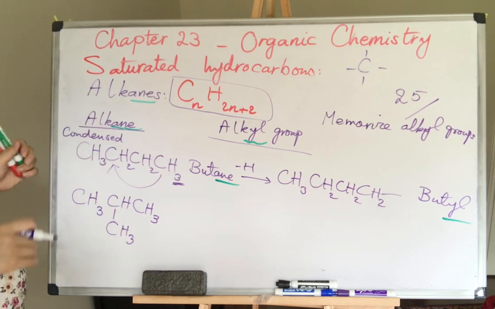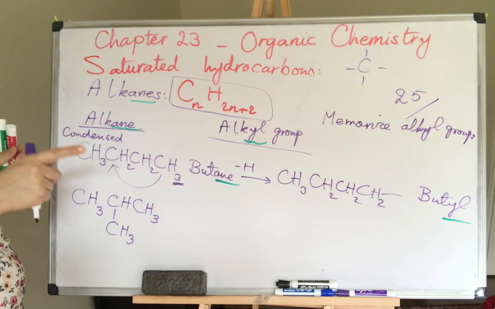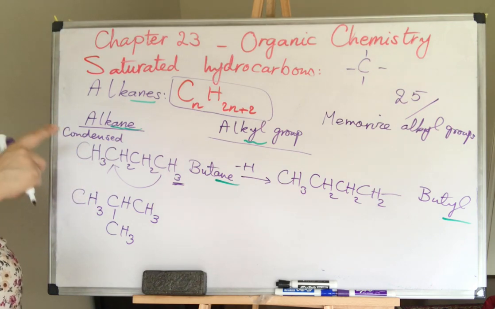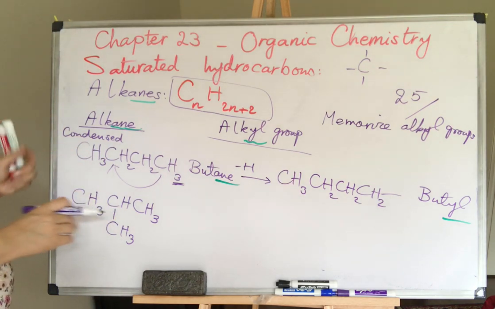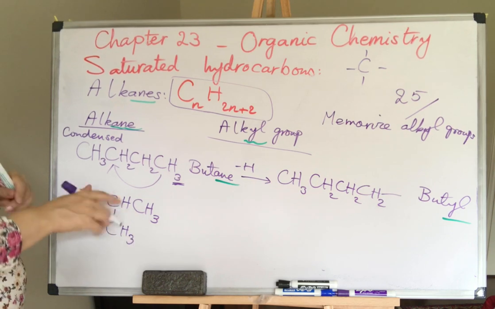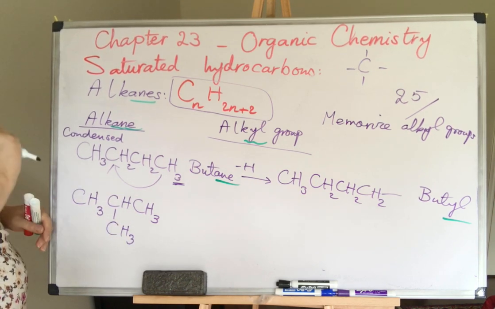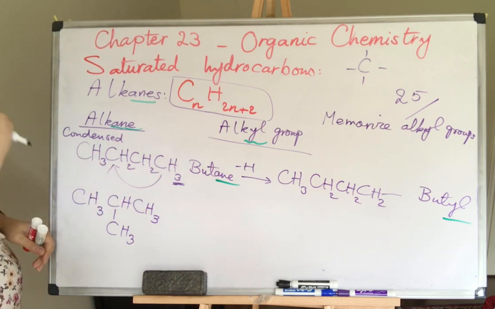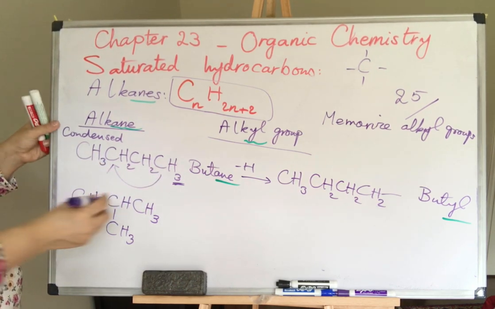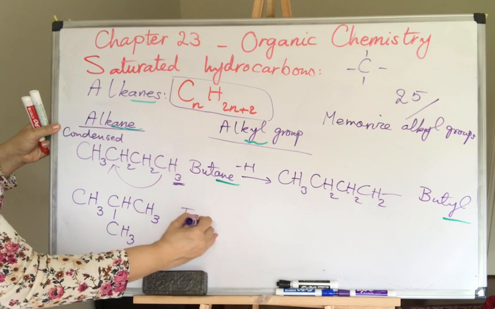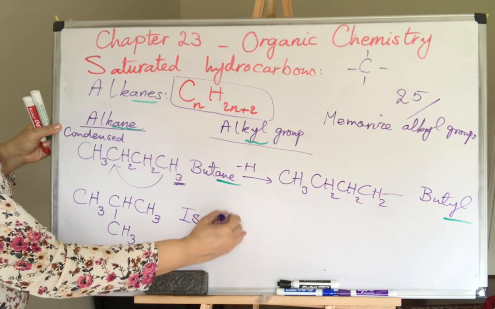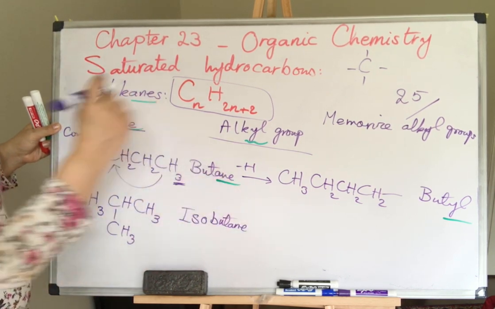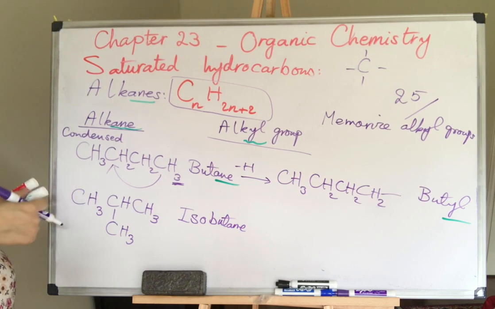These two are not the same compound, they're isomers, constitutional isomers. But didn't I tell you, when something is going on the second carbon, when I moved the CH3 to the second carbon, instead of the butyl, I bring the same prefix, isobutyl. Remember the isopropyl? Now I have the isobutyl.